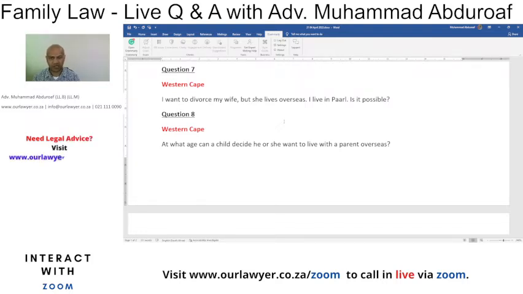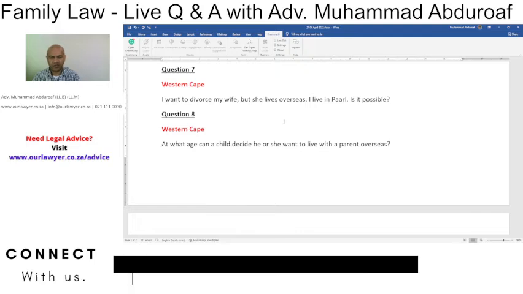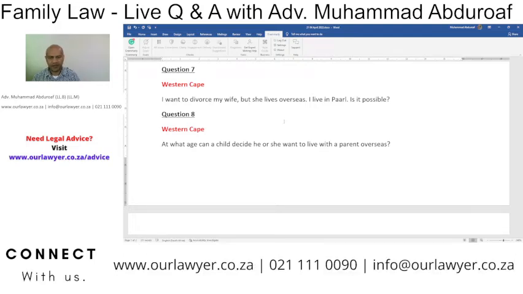That's an application done to your local court, saying the other party lives overseas, I have issued divorce paperwork in Cape Town, however I need to serve it on them. Please give me permission to serve it on the other party via their sheriff that side, because the court will have to authorize that, or via email or via WhatsApp or whatever creative means there are nowadays.